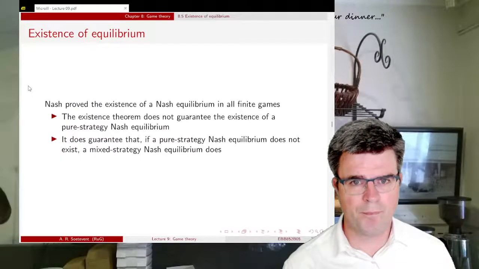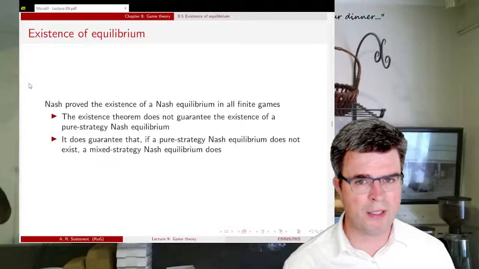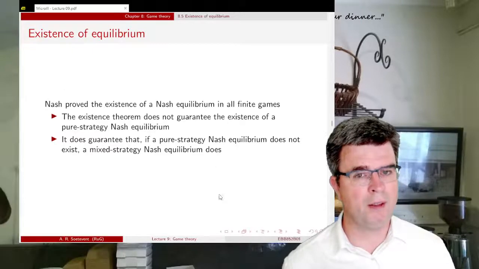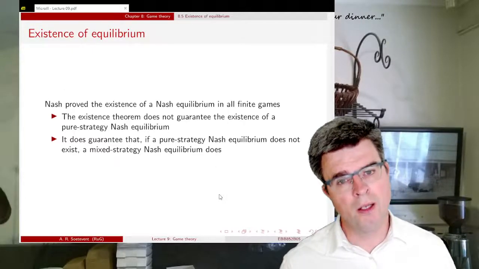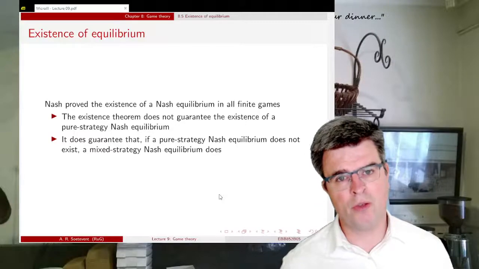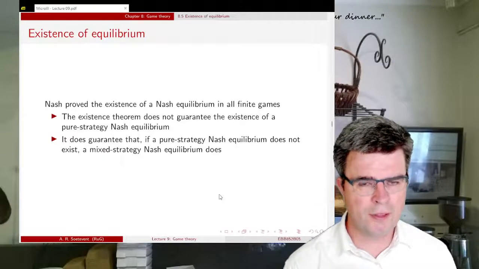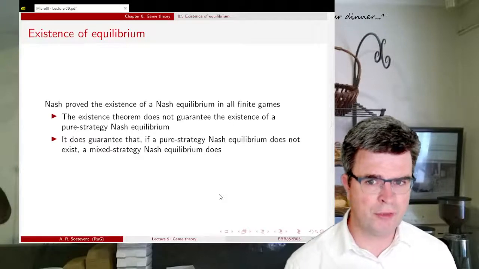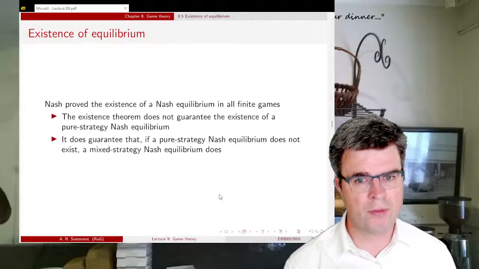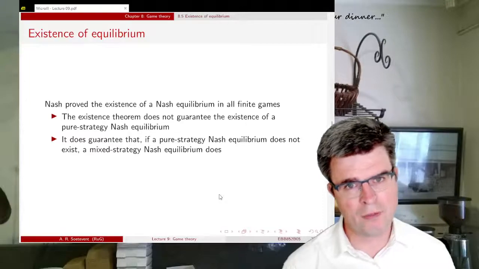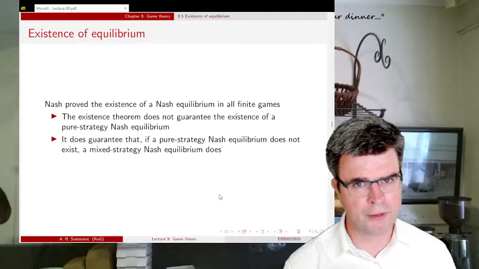So, final note: John Nash proved the existence of a Nash equilibrium in all finite games, meaning games where each player has a finite number of possible actions. This existence theorem by John Nash doesn't guarantee that all games have an equilibrium in pure strategies.